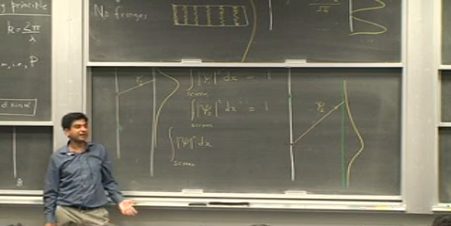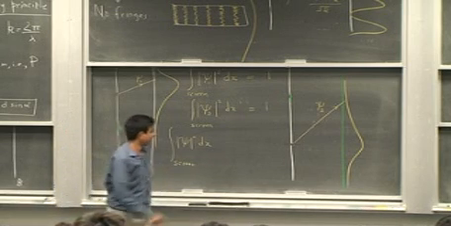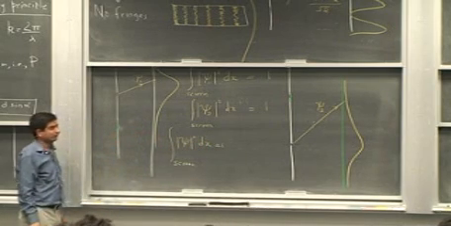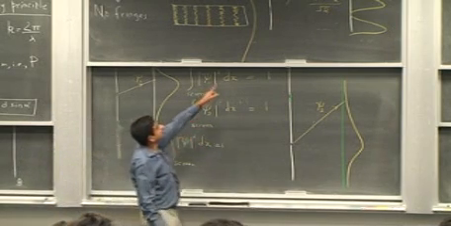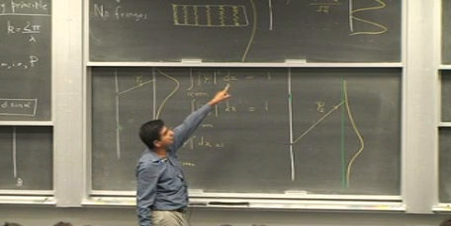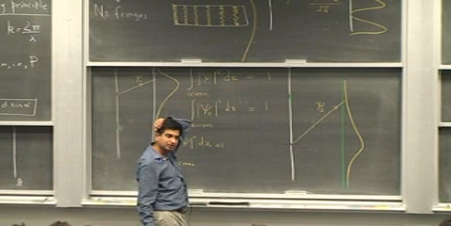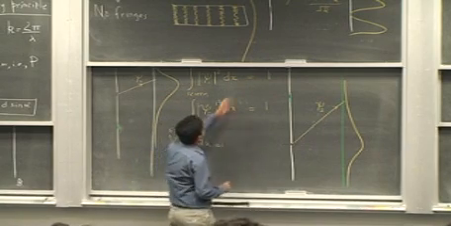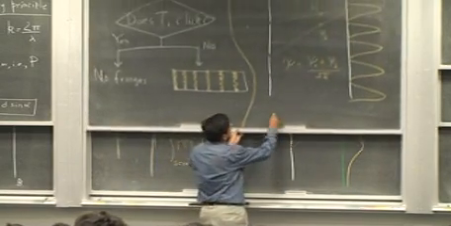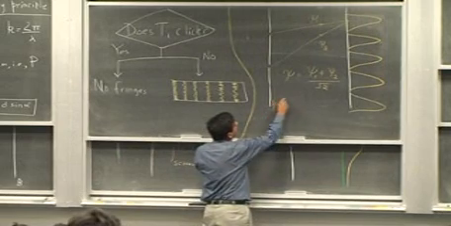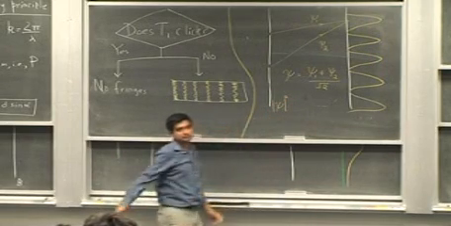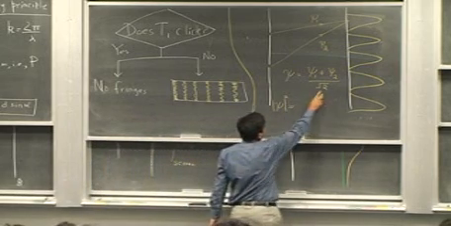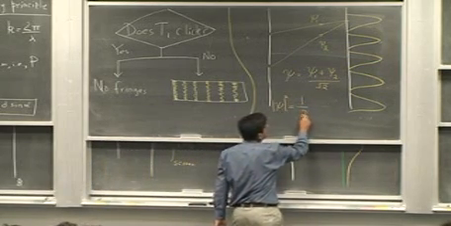I should get 1. But psi equals psi1 plus psi2 over under root 2, which means if I take the modulus squared of this, I take the square of this, I get 1/2.